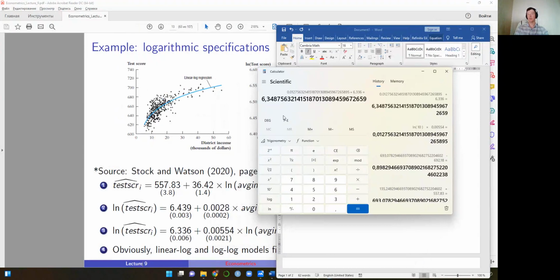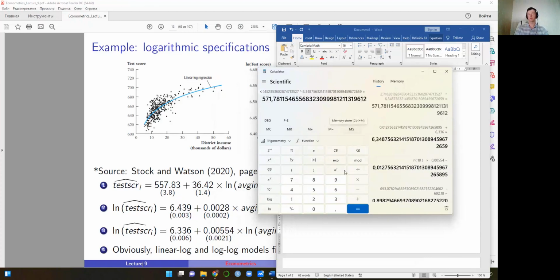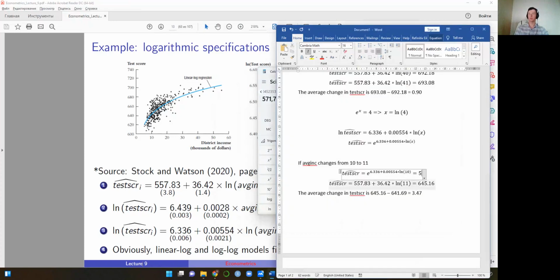So here is the power, and now we take the exponent of this. Should we do this here? So exponent e the power of this. Yeah, so 571.78, very small.